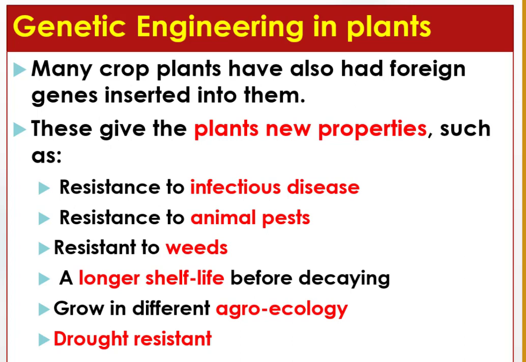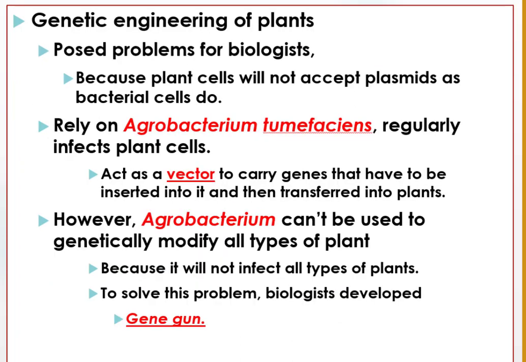These new properties that plants can acquire due to genetic engineering are resistance to infectious disease, resistance to animal pests, resistance to weeds, a longer shelf life before decaying, growth in different agroecology, and drought resistance. So, by inserting foreign genes into plants, we redesign them to give us high yields.